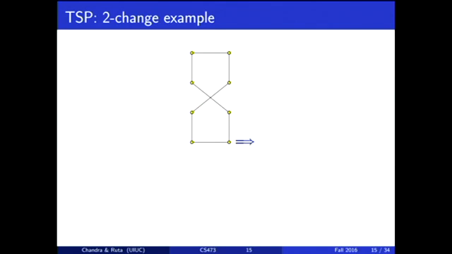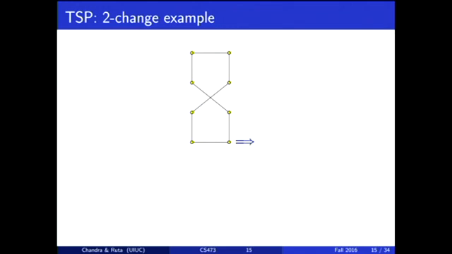So here is a current cycle. These are points in the plane. Does this traveling salesman tour look optimum to you? Why not? Can you improve it?